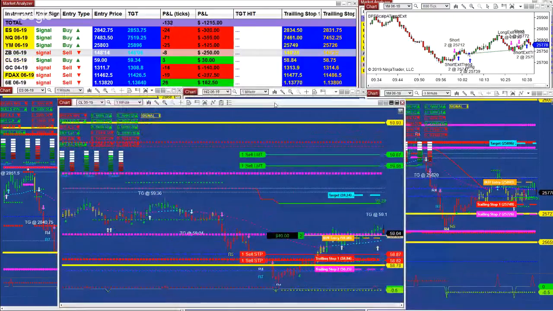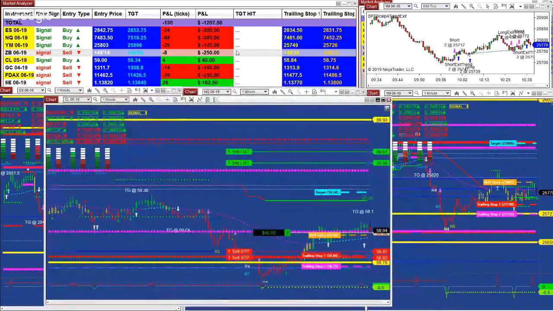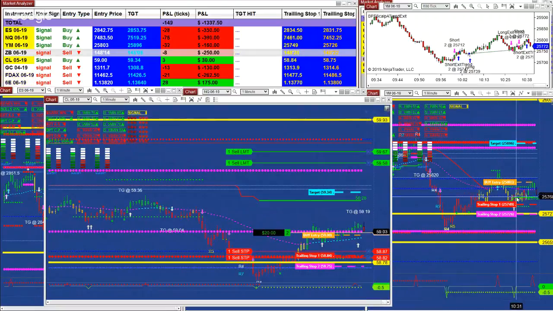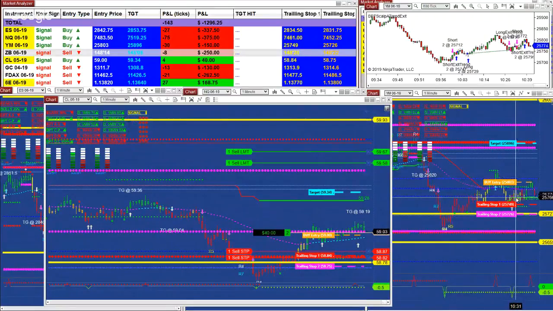So let's wait. And that turned all our market analyzer to red. Welcome to trading. From all green within a split second, all the way to red. So welcome to trading.